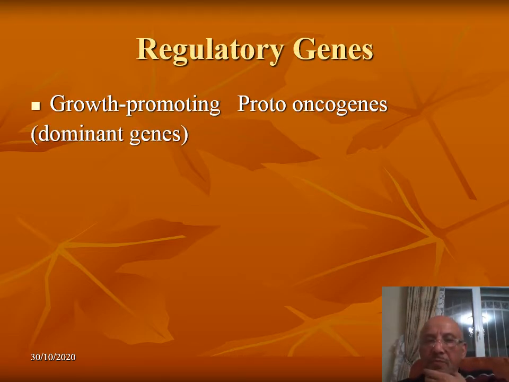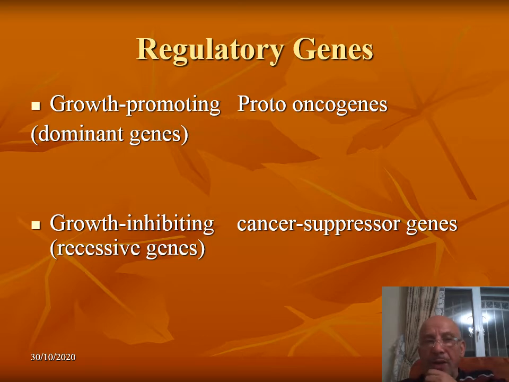Usually there are regulatory genes, and those genes either promote growth of cells. We call them growth promoting genes, and those are actually normal genes having a normal function related to growth and proliferation, but it is under the control of the body.